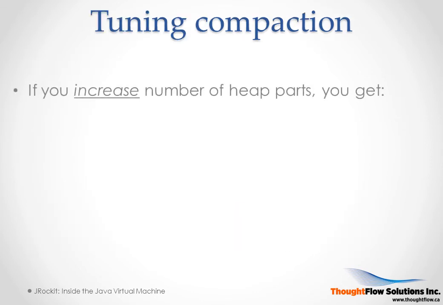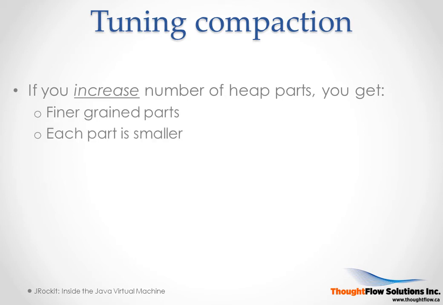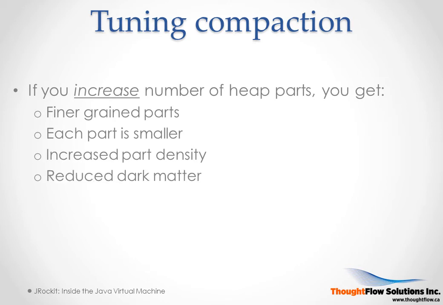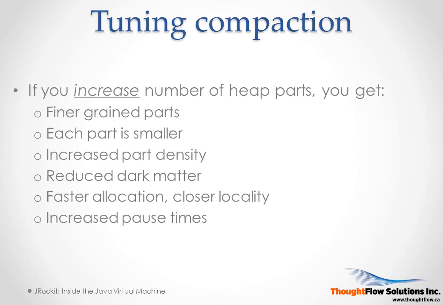So now, whenever you increase the number of parts, you get finer grained parts, obviously, because each part is smaller. You also get increased part density, reduced dark matter, and faster allocation because of closer locality, but increased pause times.